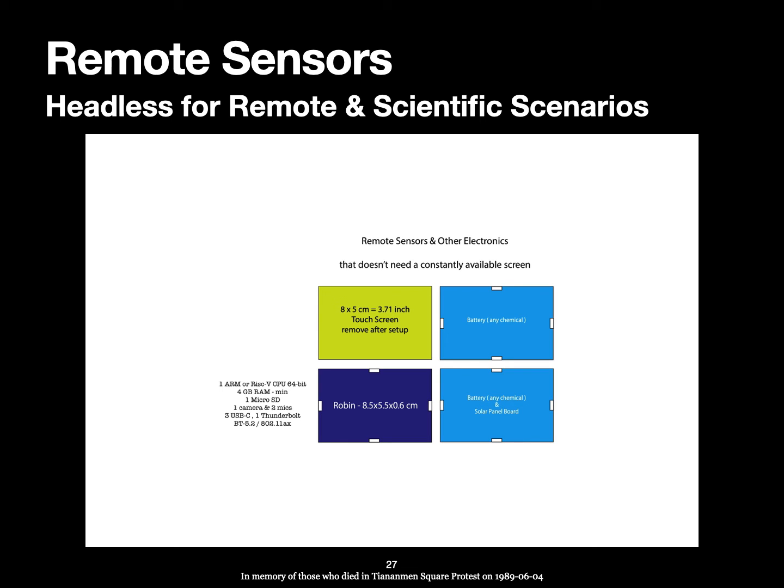Next, we have the remote sensor setup for remote or scientific scenarios. Basically, it is exactly the same setup as the previous setup for complex electronics, except in this case, after everything is set up, we can remove the touchscreen panel and leave the rest somewhere we want.